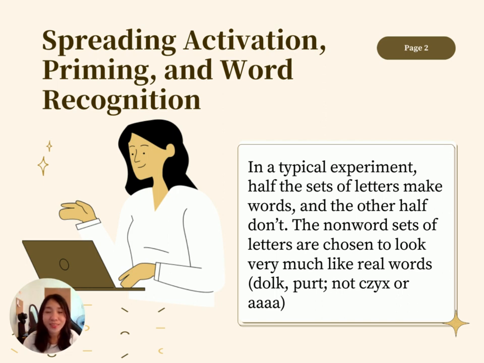The words and non-words are mixed together in a pseudo-random way so that the participants can't predict whether the next set of letters they see will be a word or not.